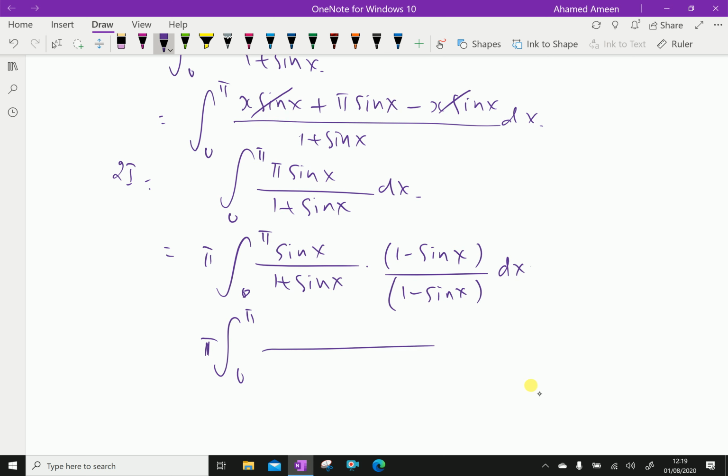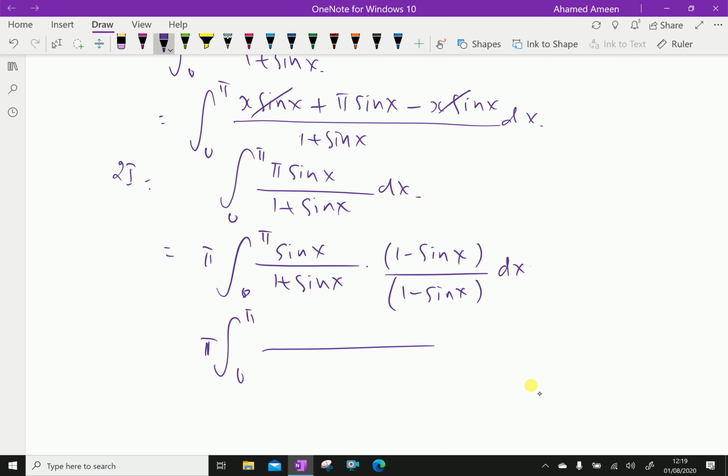equal pi integral 0 to pi sin x over cos squared x, because 1 minus sin squared x, minus sin squared x over cos squared x dx.